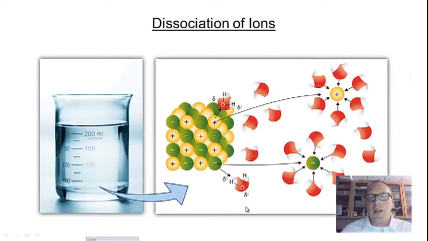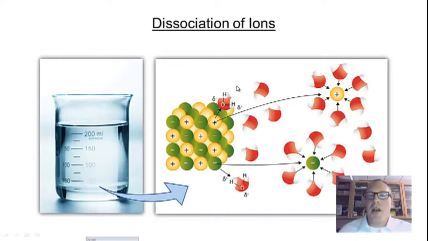Let's take a look here at what a dissociating set of ions really means when a salt dissolves. Let's say we've got some water, that would be our solvent, and we put some type of ionic salt in that water.